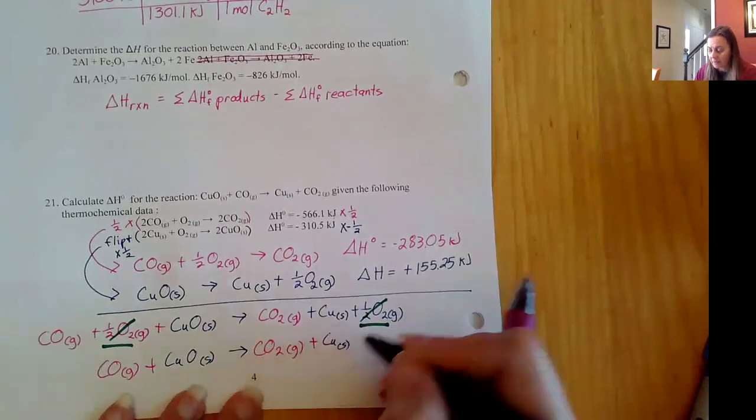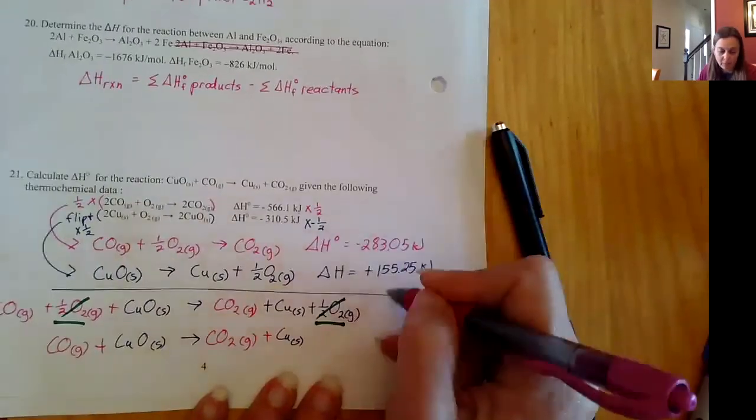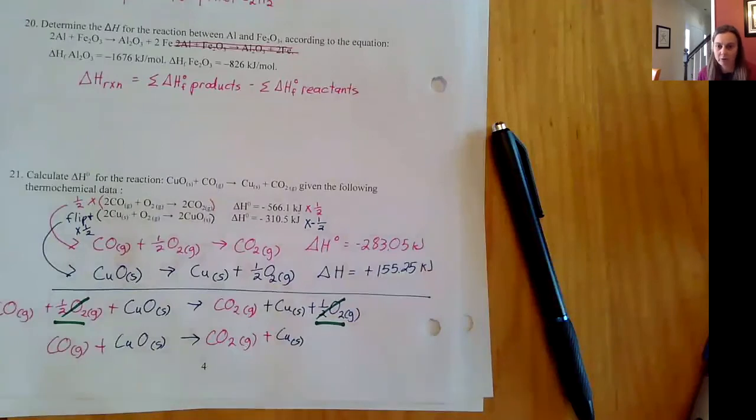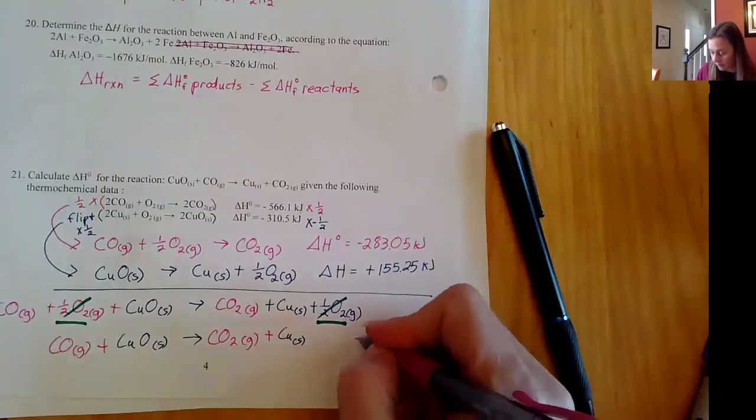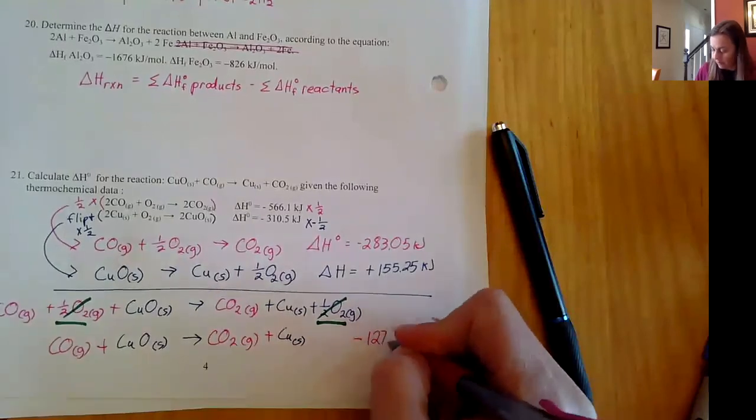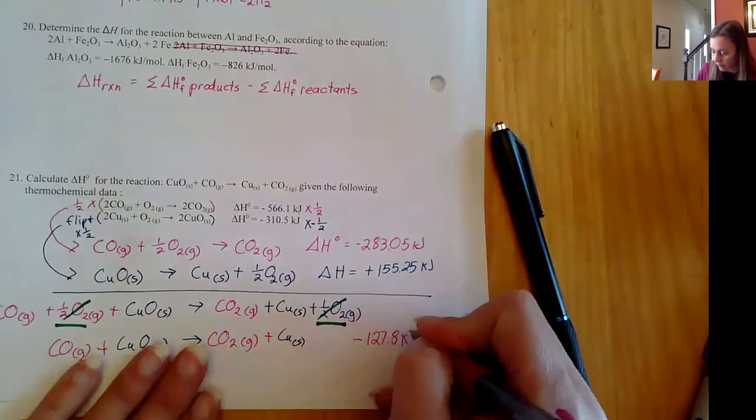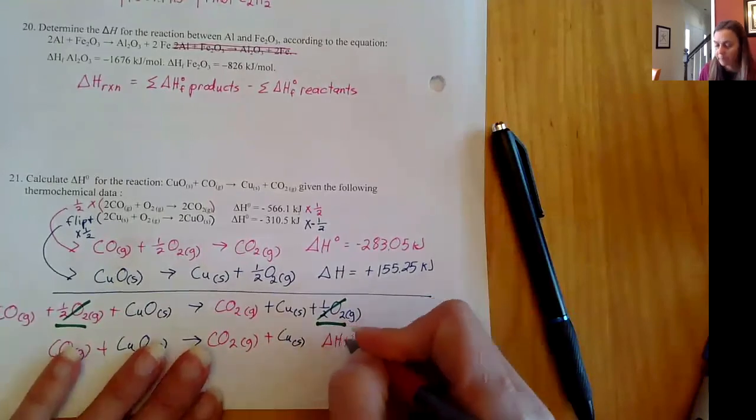And the delta H is the sum of these two numbers, which I have to calculate. And that gives us a negative 127.8 kilojoules. And that's our delta H.